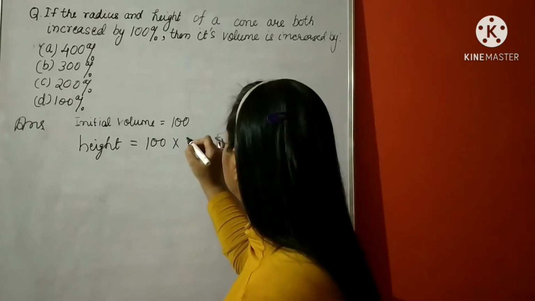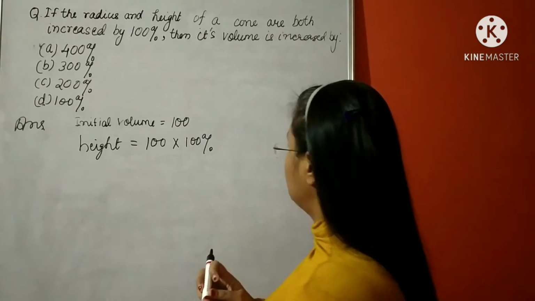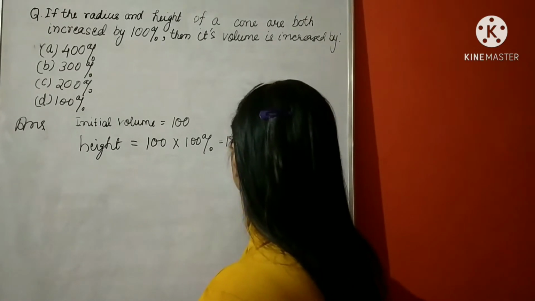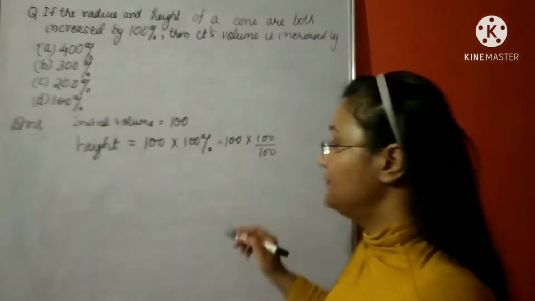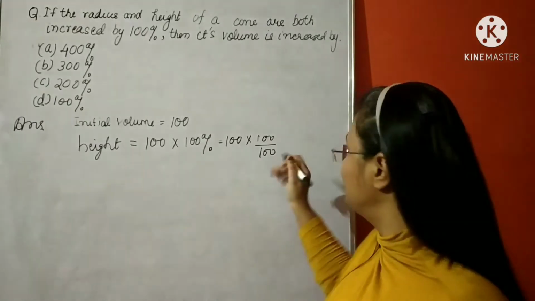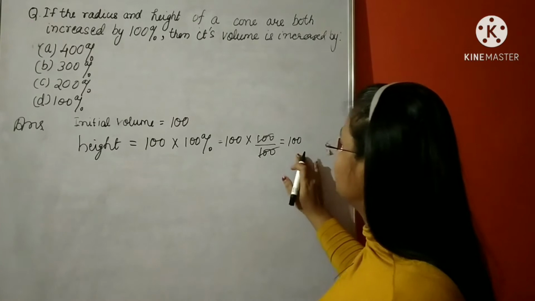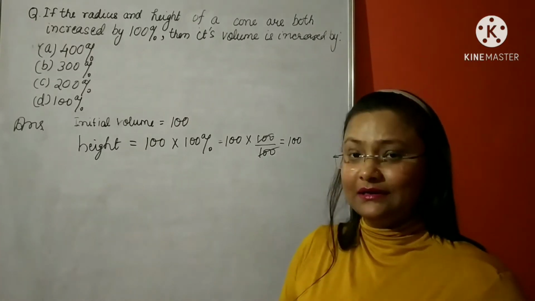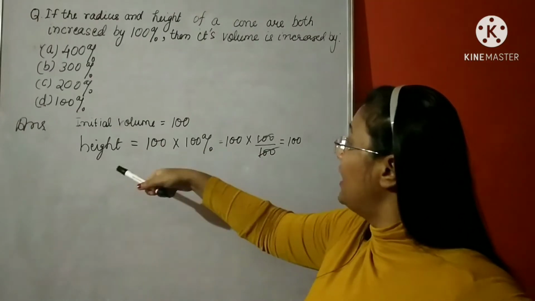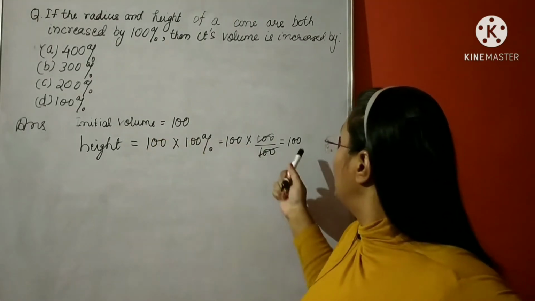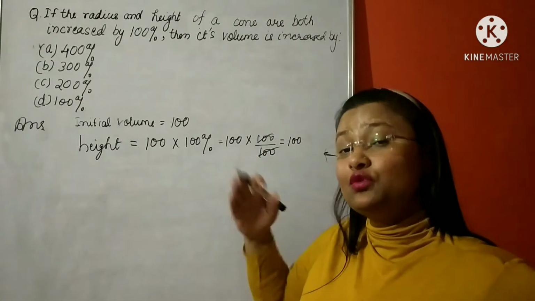We will calculate it like this: 100 into 100 by 100, because it is percent, so we will have to divide it by 100. So the final answer is 100. That means when we increase height by 100%, the volume will be increased by 100. That means it will become twice.